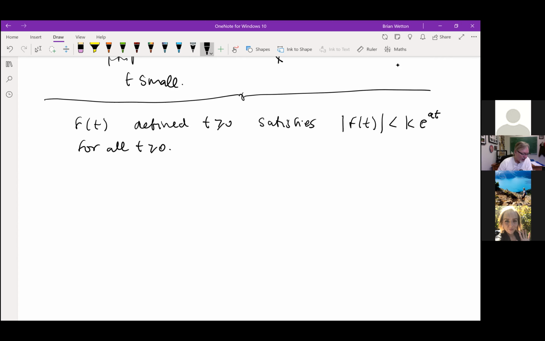Now let's consider an alpha, which is going to be real, or an eta, that's bigger than a.